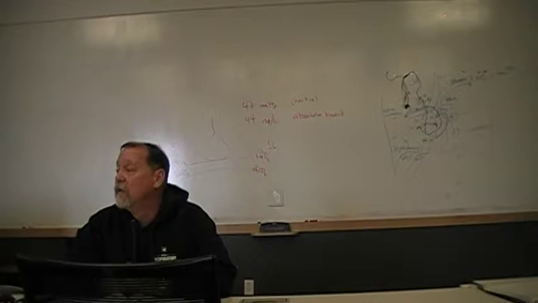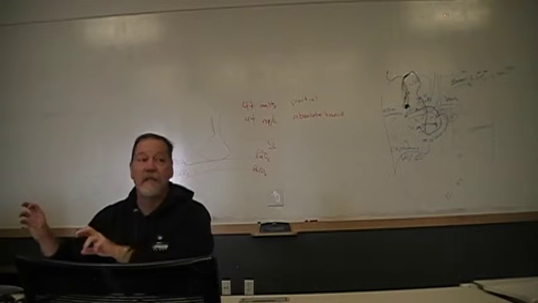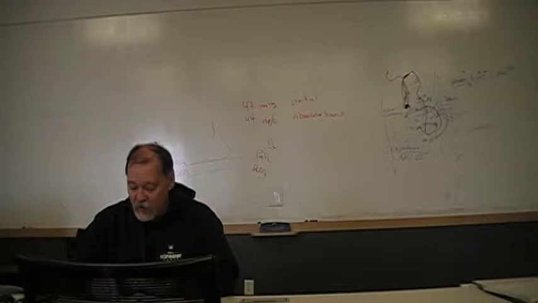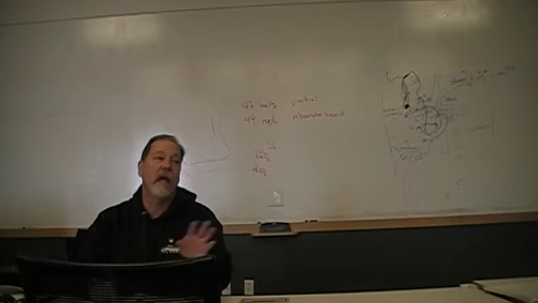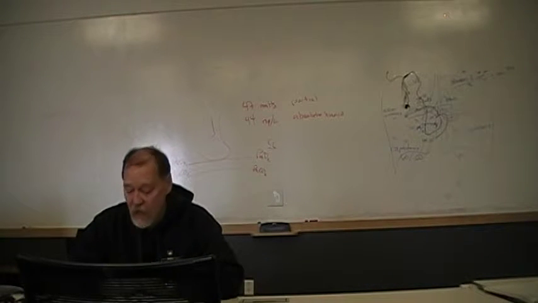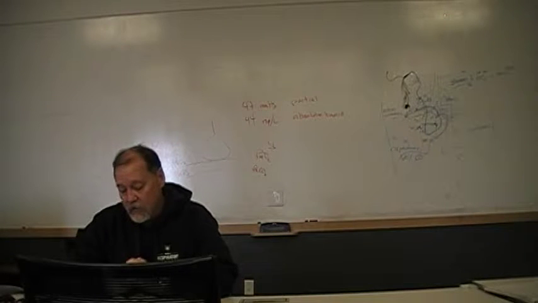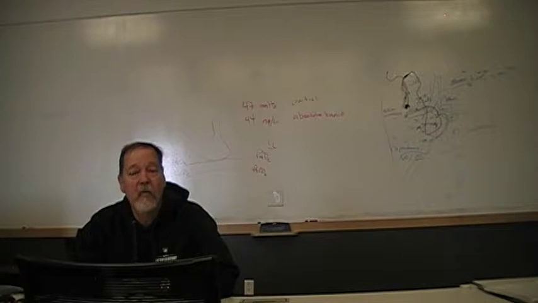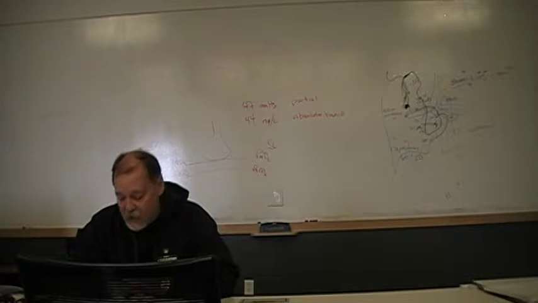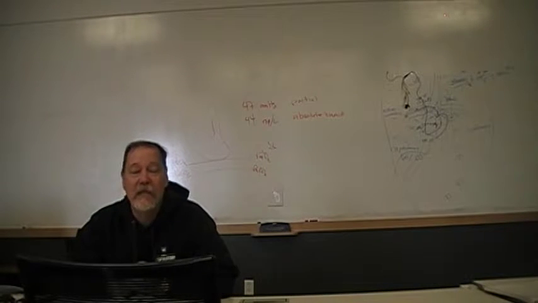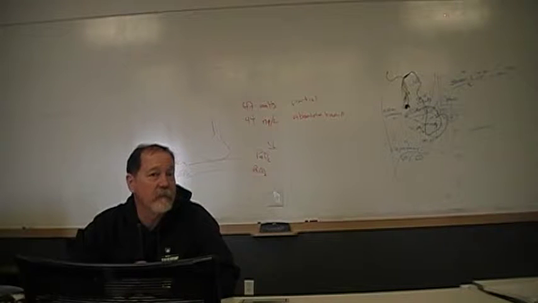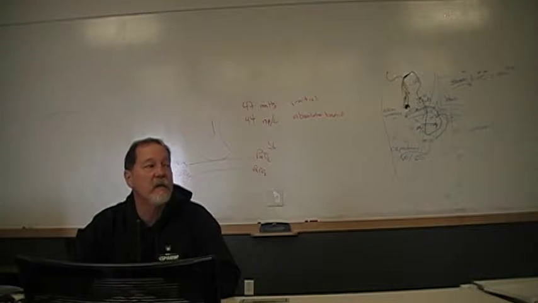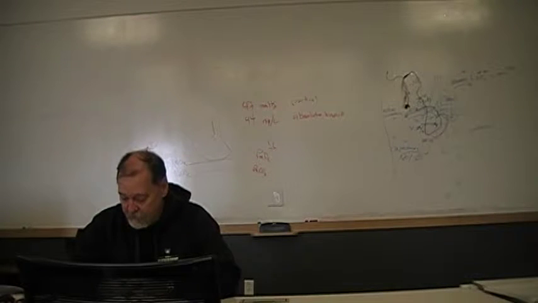So output versus index. Stroke volume is simply the amount ejected per contraction, without taking into account a person's size. A stroke volume index is the amount per contraction based on body surface area. Make sense? We're being more precise in that measurement.